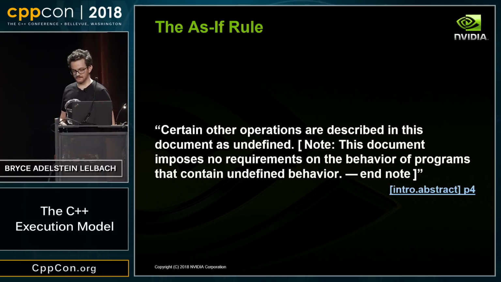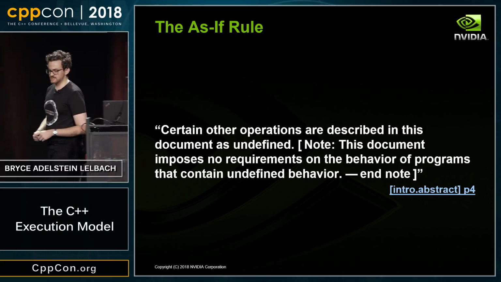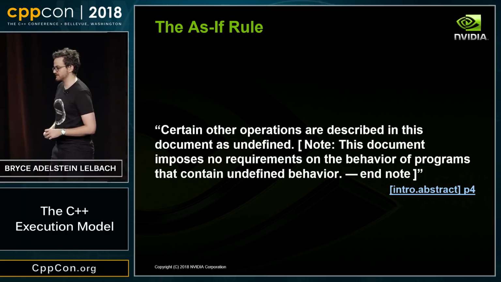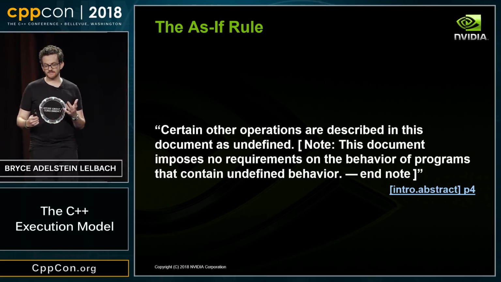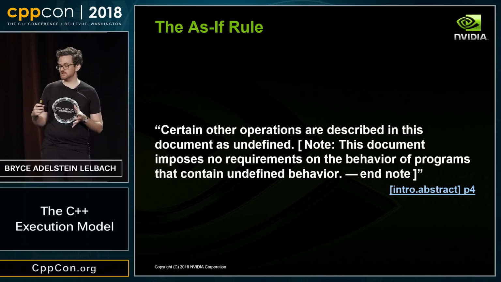There's one other thing that I think you should know before we get really started, which is the as-if rule. The as-if rule is a part of the C++ standard that gives implementations the freedom to make optimizations that are not observable to the user.